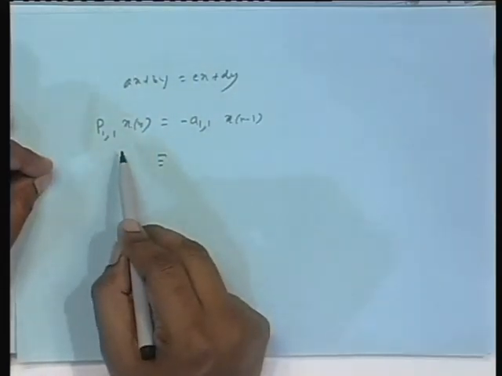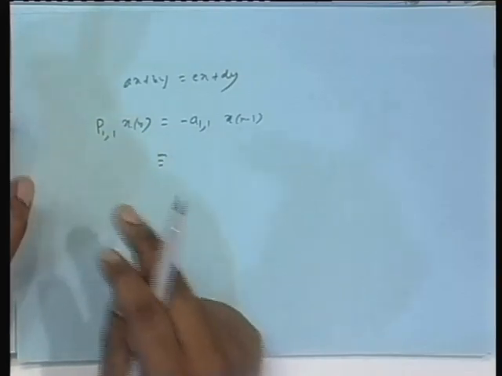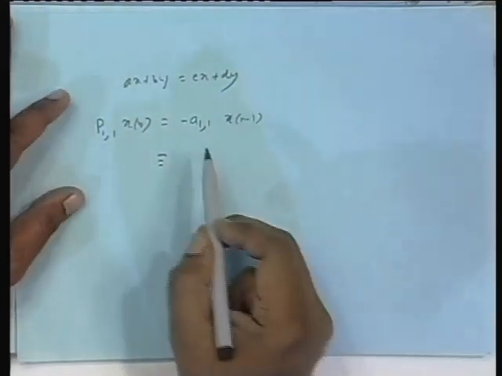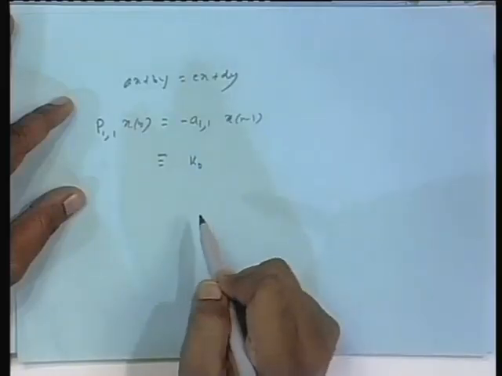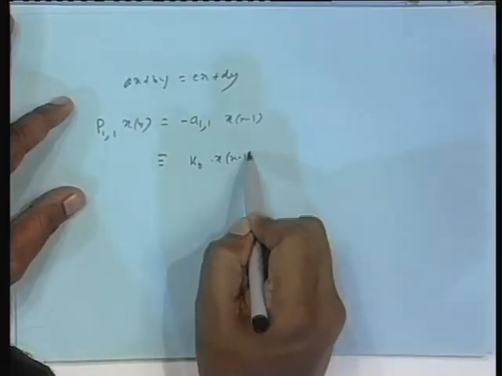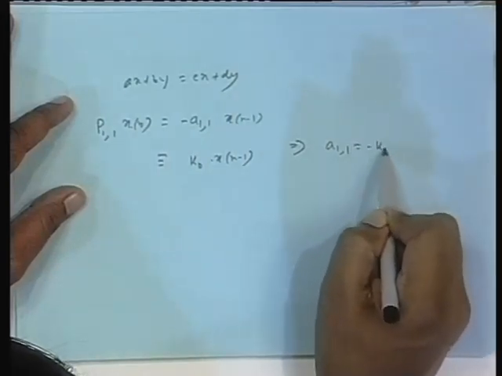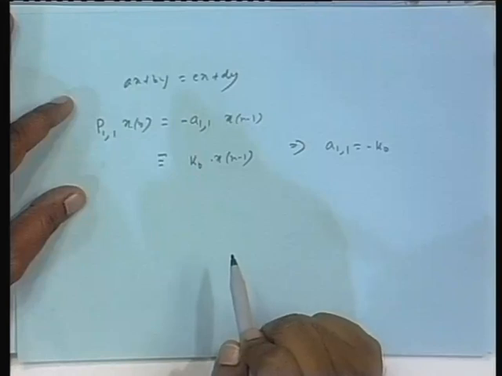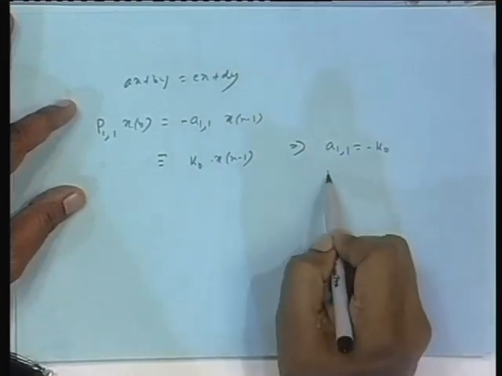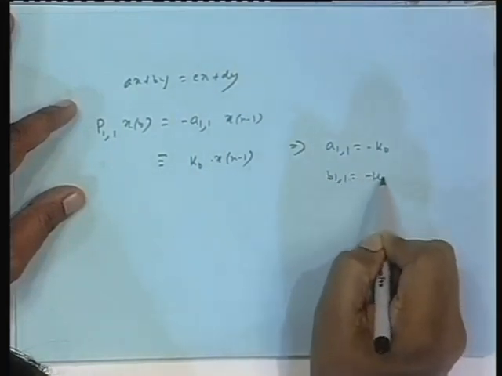X n projected on x n minus 1. So, x n with x n minus 1 divided by norm square of x n minus 1 into x n minus 1. So, this is nothing but k 0, and in the same way you will find out b 1 comma 1 is minus k 0 star.